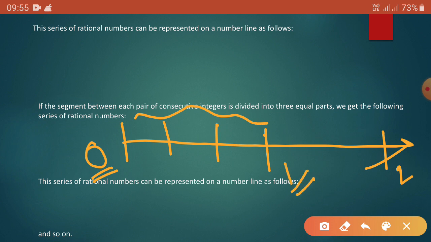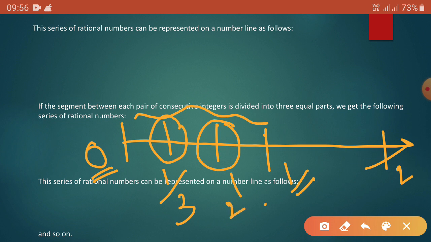So what will be the value of this line or this part? This point defines 1 by 3, as we are dividing the full segment into three equal parts. And what will be this part? That will be 2 by 3.